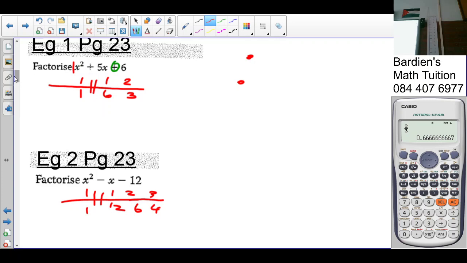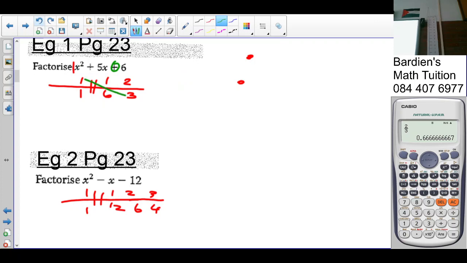You all with me? Just let me know when I'm going too fast. What's 1 times 6, plus 1 times 1, when I add it again? 7. What am I looking for? I'm looking for the middle term, which is 5. So that is not the numbers I'm looking for.